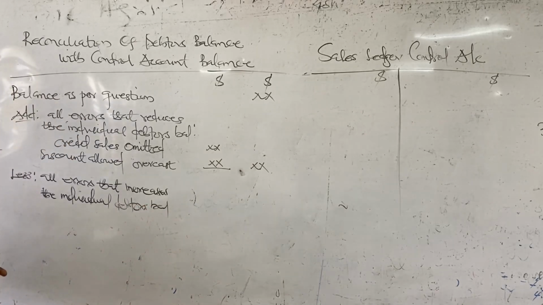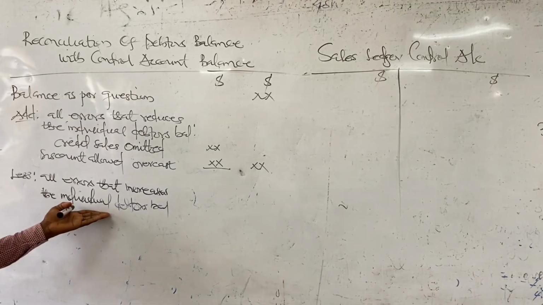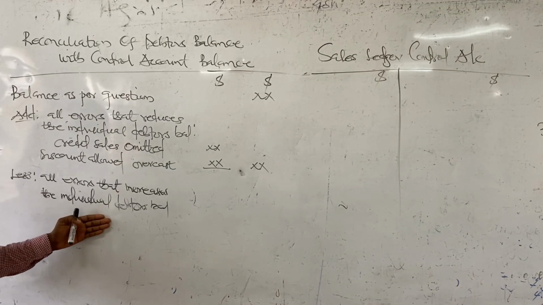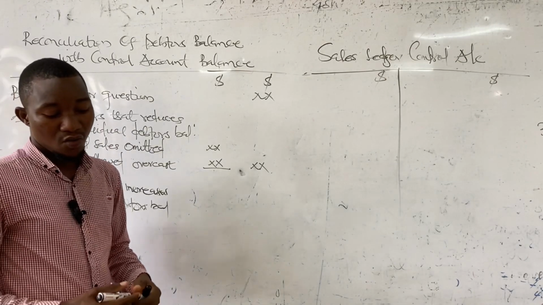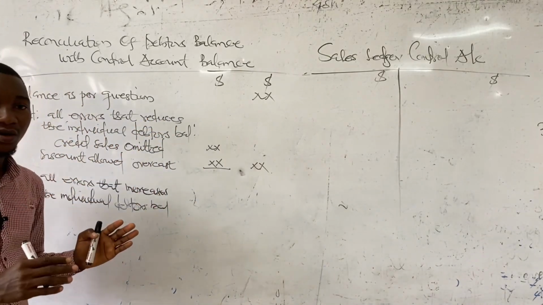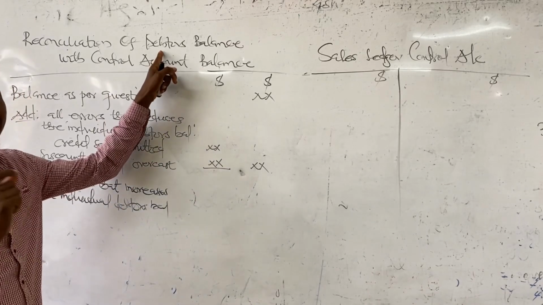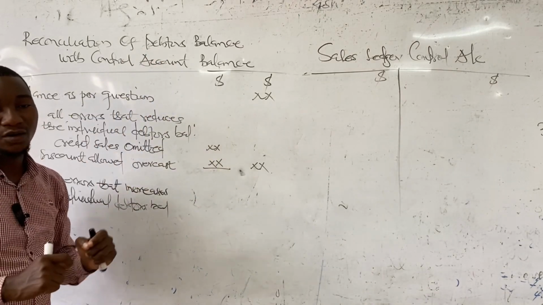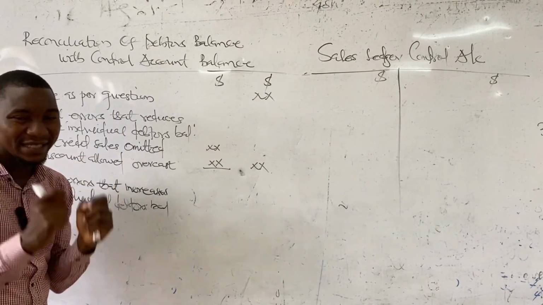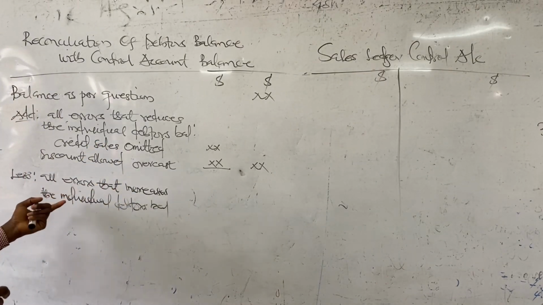Very good. There are several errors that tend to increase the individual debtors balance. One is that if a return invoice, or any item that's supposed to be credited to a normal debtors account, is not recorded or is omitted, it will increase the debtors balance and we have to less it.